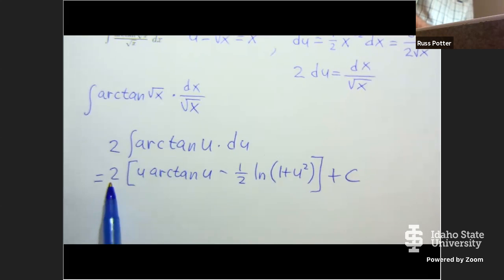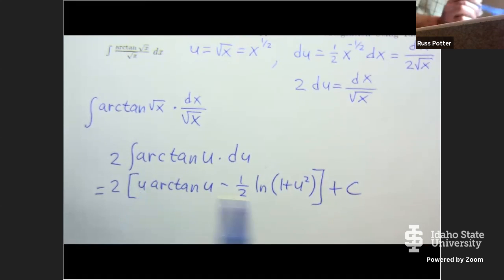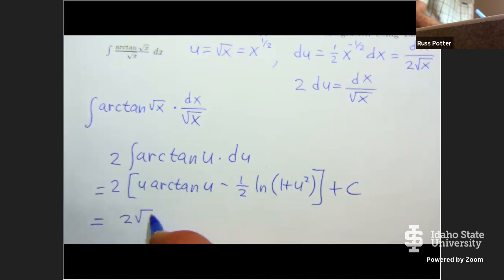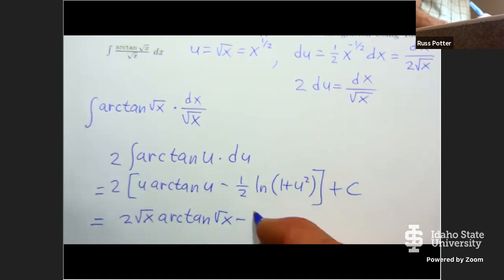I'll distribute multiplication by 2 and also replace u with the square root of x. That's our original substitution. So we'll get 2 times the square root of x times the arctangent of the square root of x. And then minus 2 times 1/2 is 1, so minus the natural log of 1 plus x, because the square root of x squared is just x.